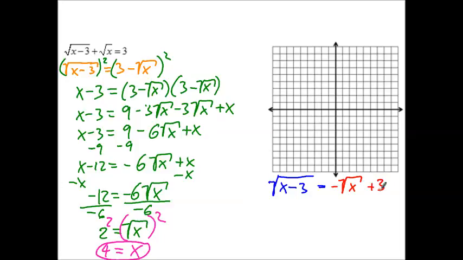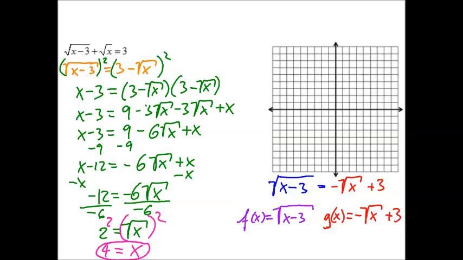And the reason why I did this is so it looks more like we can use the transformational approach that we have practiced. I'm going to use two colors too. So we have f of x, which is equal to the square root of x minus 3 that we want to graph. And we have g of x, which is equal to the negative square root of x plus 3.